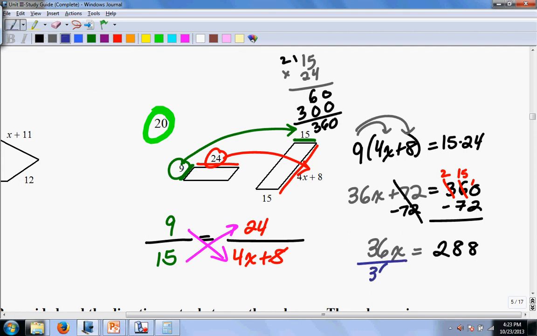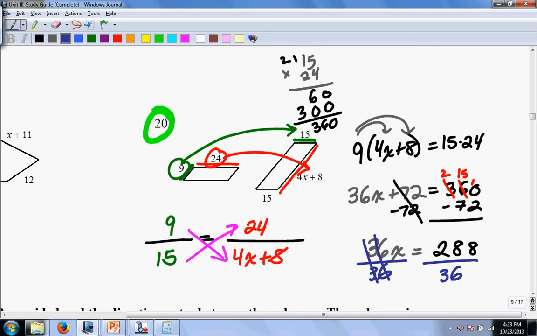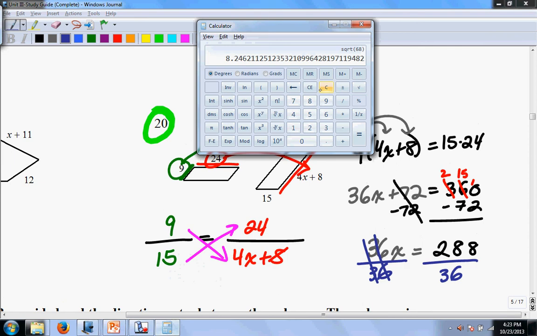Divide by 36. So we do 288 divided by 36, and we get 8.